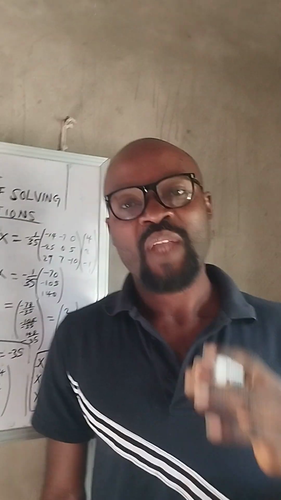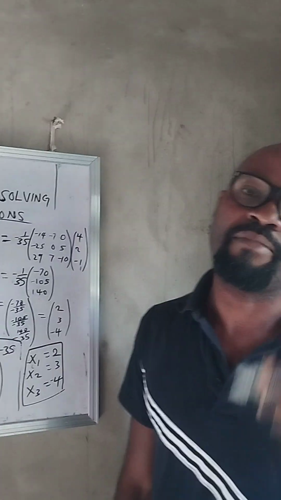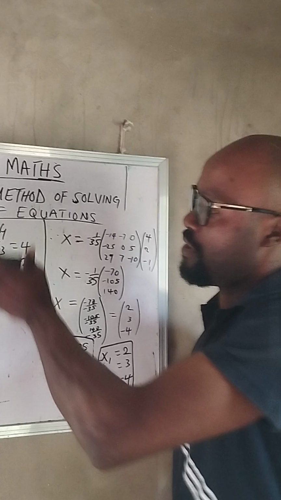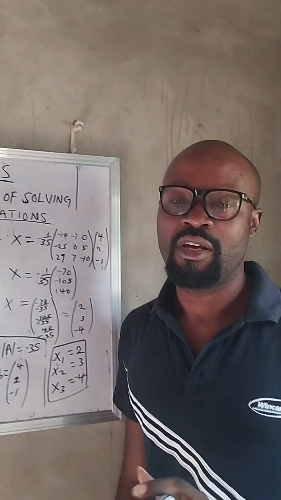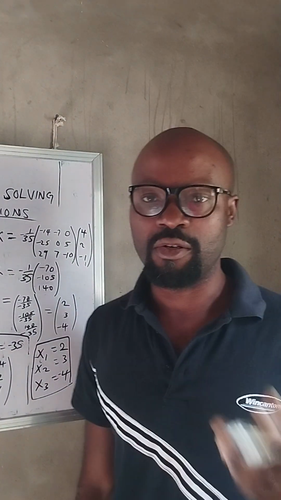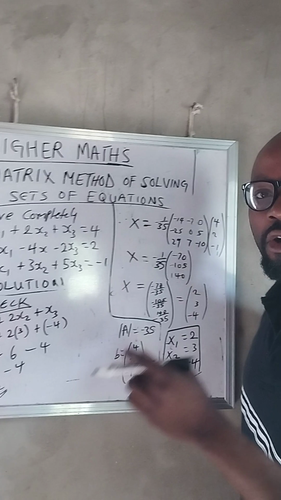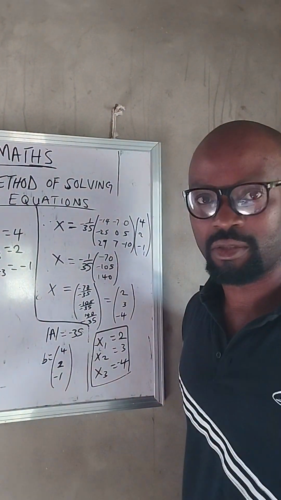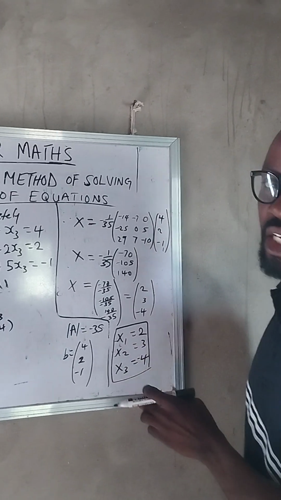This is how to use the matrix method to solve a 3 by 3 set of simultaneous equations. Don't forget, there are other methods of solving this particular equation. We can use the Gaussian elimination method to solve this particular equation, and it will give us this same answer.